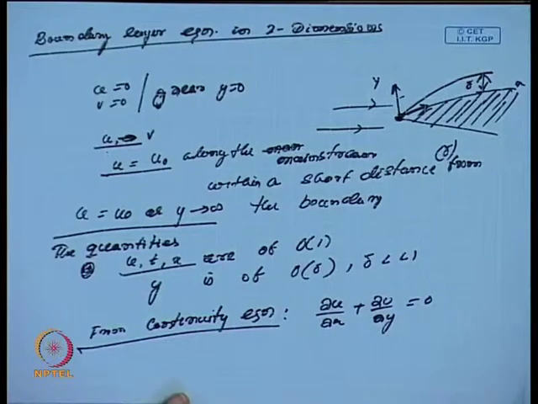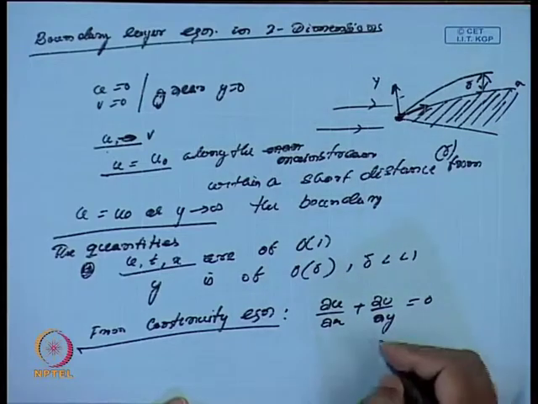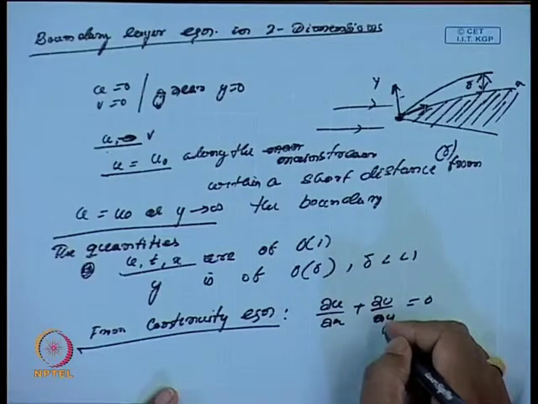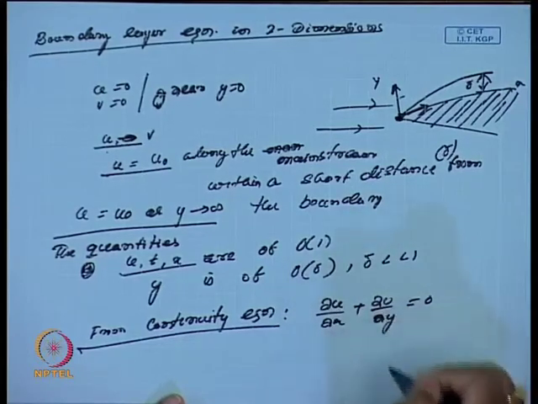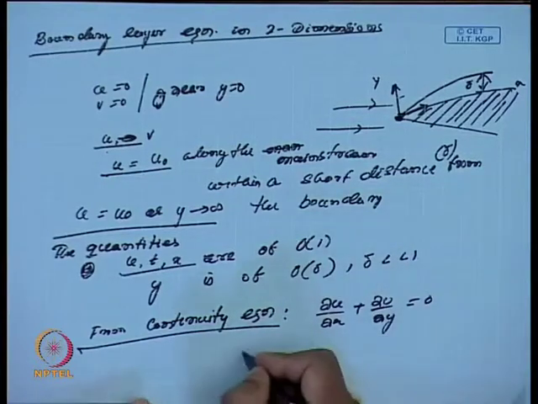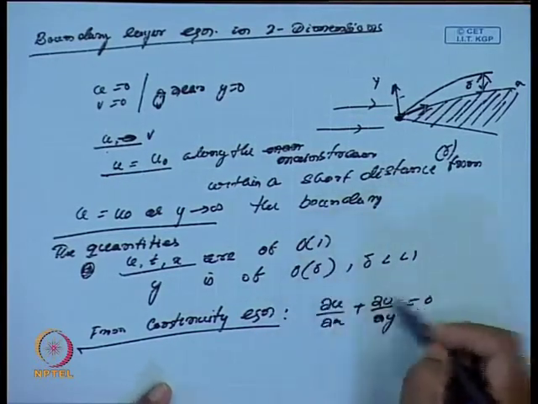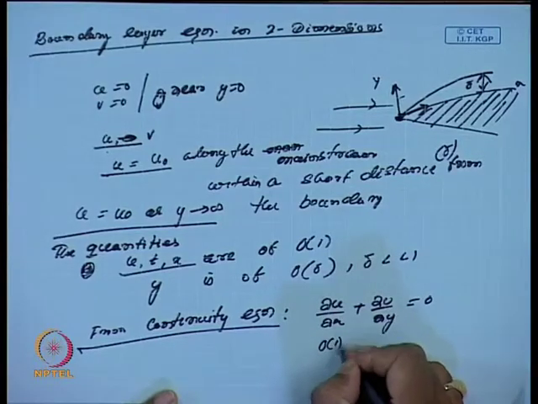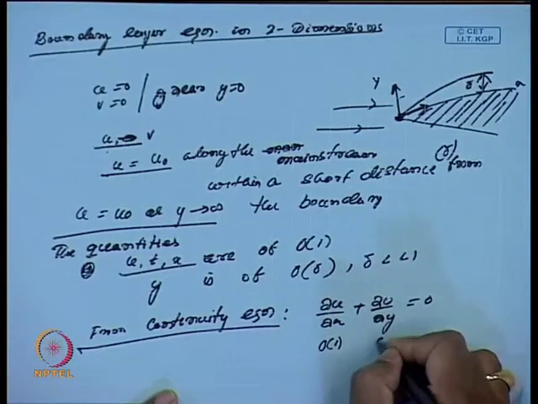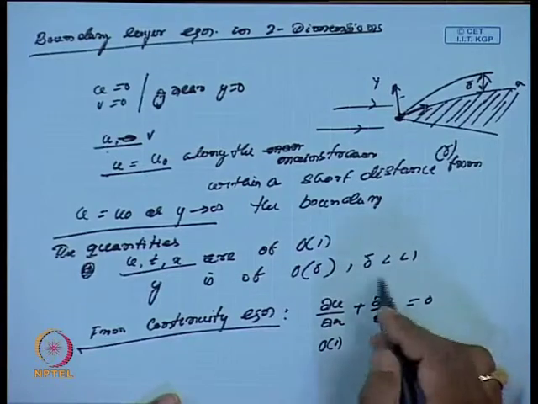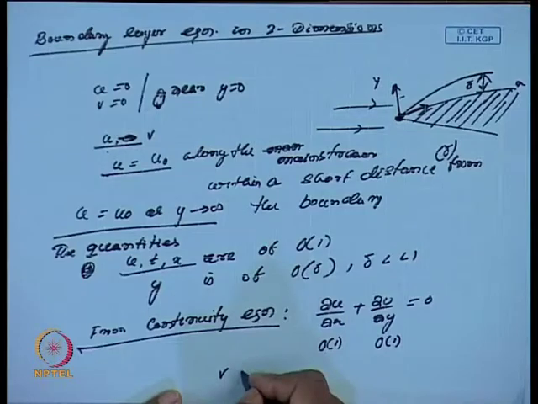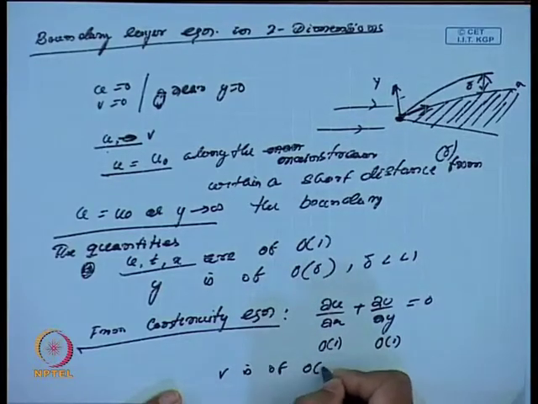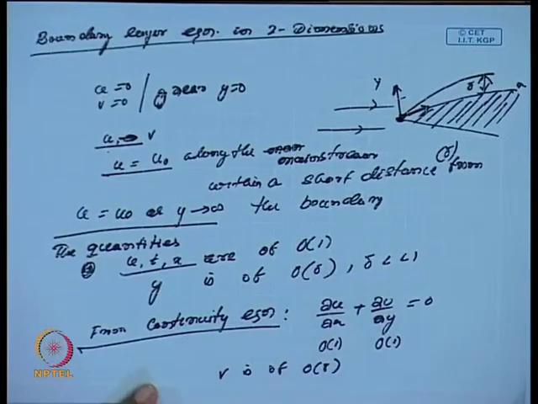If u and x both are of order 1, because this quantity is of order 1, this quantity also has to be of order 1. So del v by del y also has to be of order 1. However, if y is of order delta, that gives me v is of order delta. So, that is one of the important conclusions we have drawn from this.